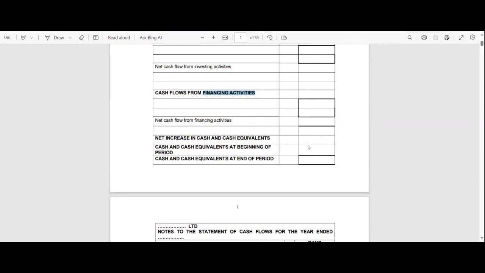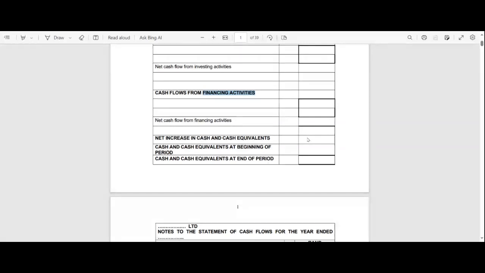And that should then reconcile, because clearly this whole statement describes and discloses how your cash and cash equivalents changed from the start of the year to the end of the year, how it either increased or decreased, right?